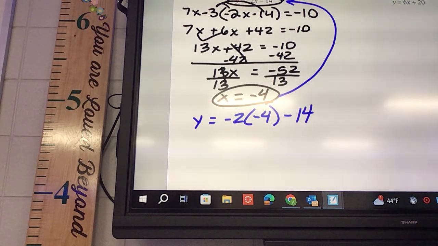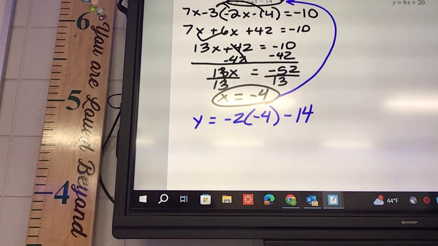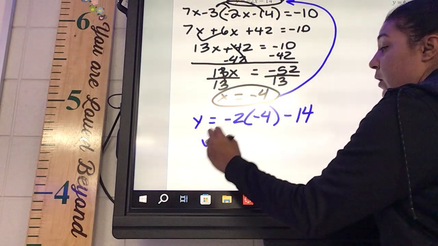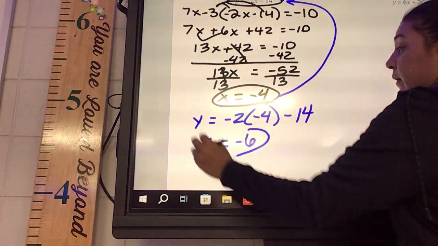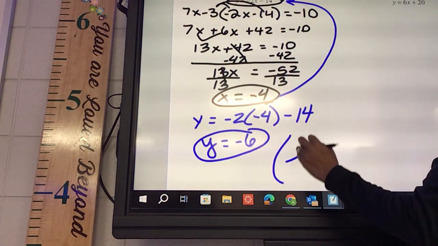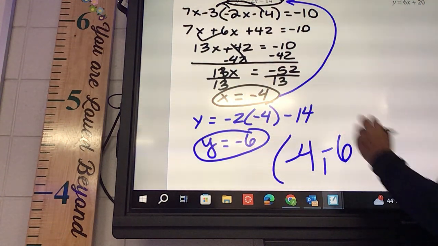So type in -2, parenthesis, -4, close parenthesis, minus 14. -6? -6. And so we get y equals -6. And so we write this as a coordinate of -4, -6.